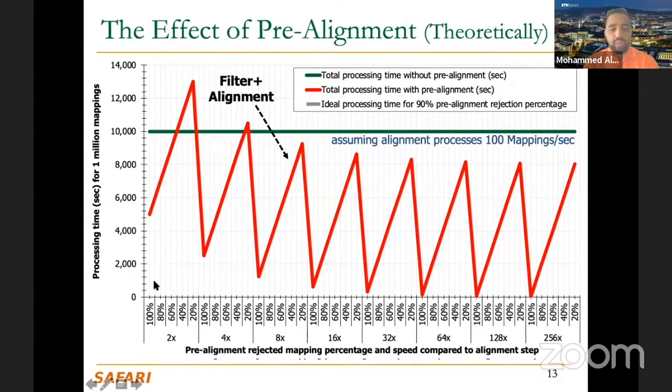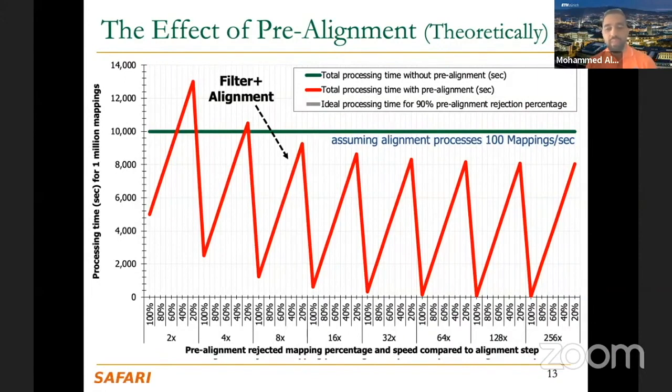Now, as we reduce the rejection rate, the filtering time starts to dominate and can even be slower than sequence alignment alone. If we reject only 20% of the pairs at the peak, and 80% of the pairs go to the alignment, then what will the total execution time be?